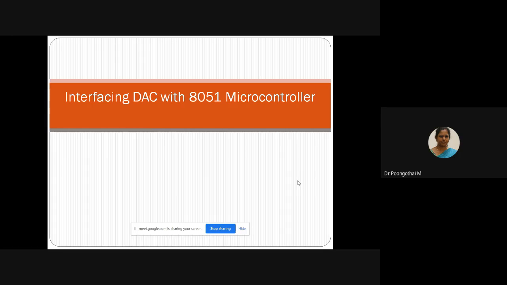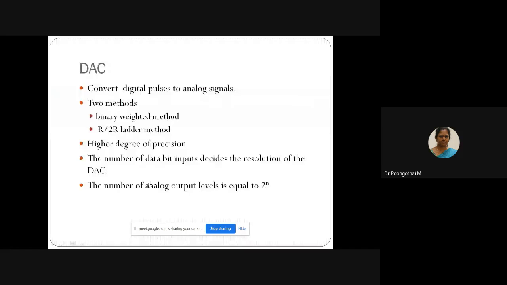But the controlling system, that is your external environment, requires an analog signal as it doesn't accept digital data. That makes it necessary to use a DAC, which converts digital data into analog voltage. A DAC is a device or IC widely used for converting digital pulses to an analog signal.